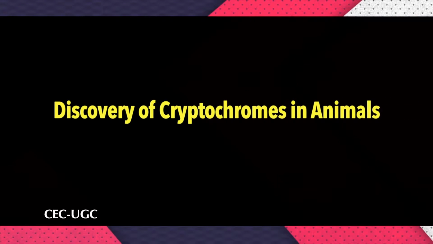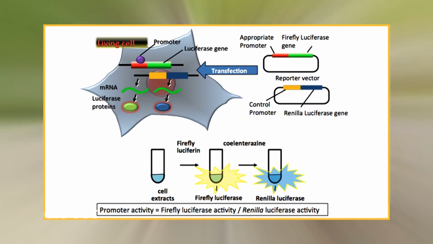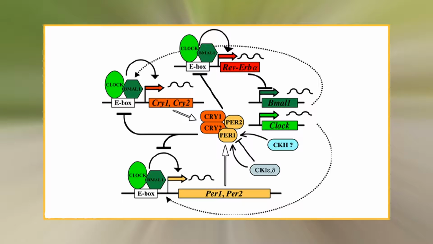Now, the discovery of cryptochromes in animals. In the first approach, a mutant was identified in a screen involving transgenic flies. These transgenic flies were altered to express a luciferase reporter gene, which was linked to the promoter of the period gene. The period gene performs an integral role in the central oscillator of the Drosophila circadian clock.